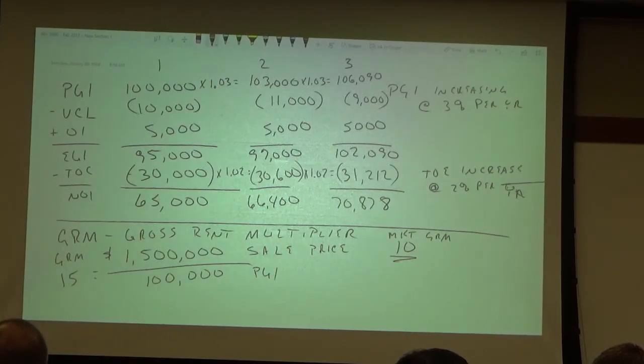Because if everybody out in the market is selling it at 10, then the $100,000 of potential gross income times 10 means that you should have only paid $1 million for your property instead of $1.5 million.